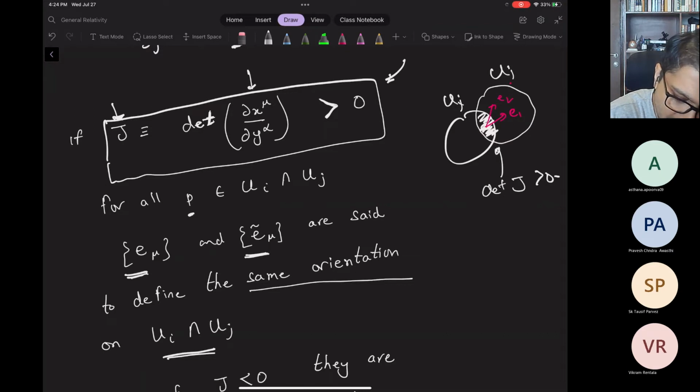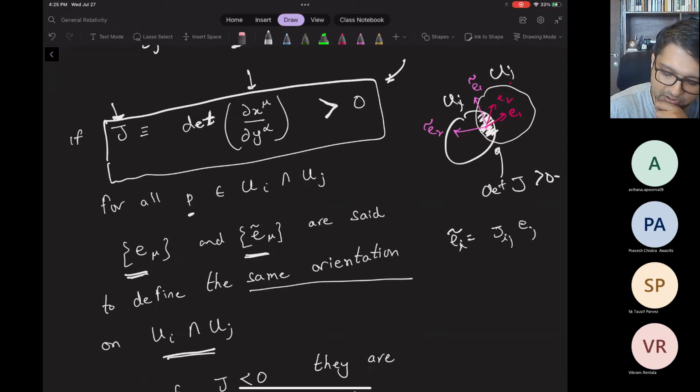And at the same point we had the basis vectors of Uj, which we denote as E1 twiddle, E2 twiddle. We can construct the Jacobian that relates them: E twiddle can be expressed as some Jacobian matrix multiplying E1 and E2.